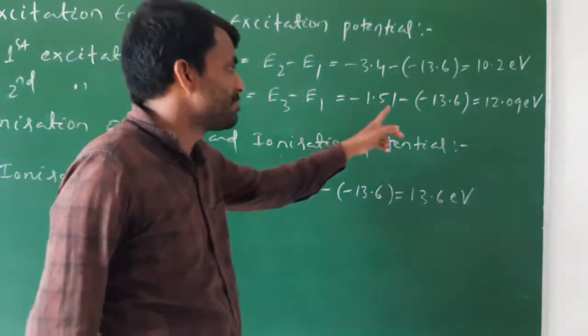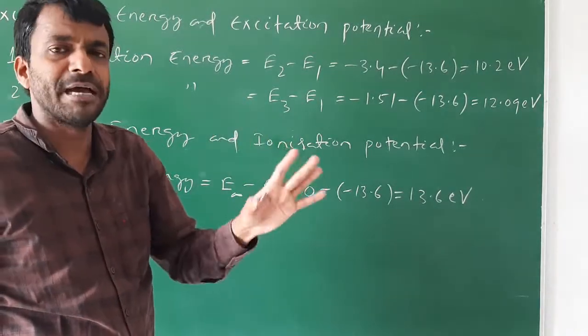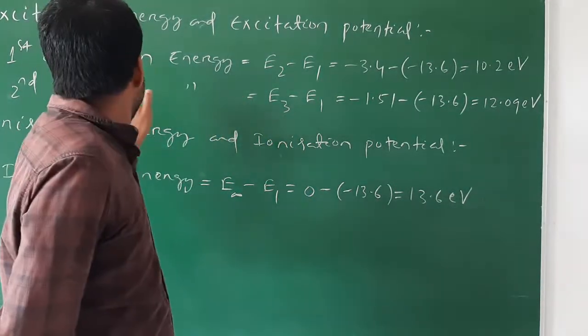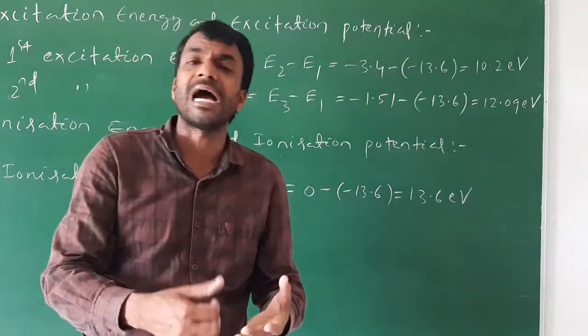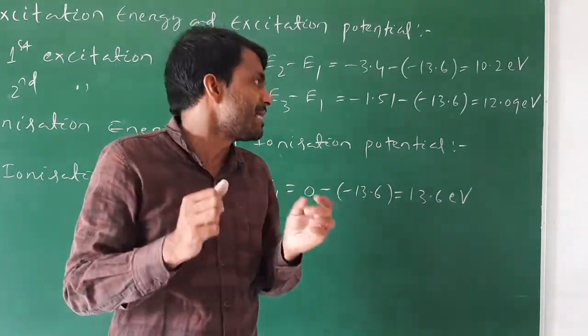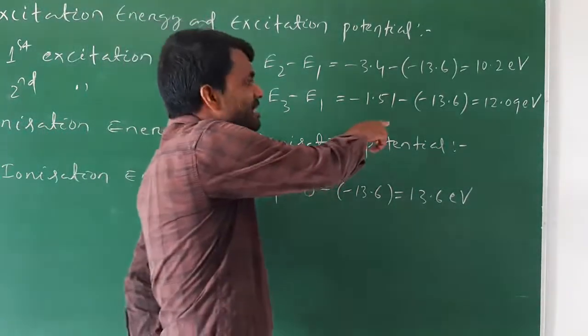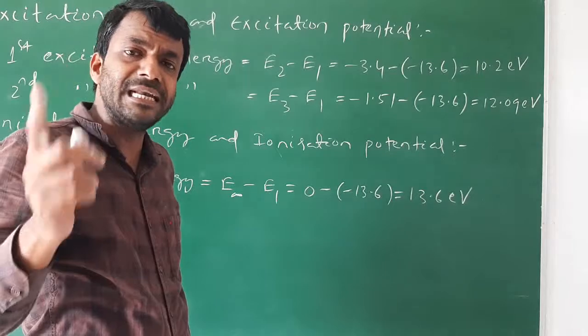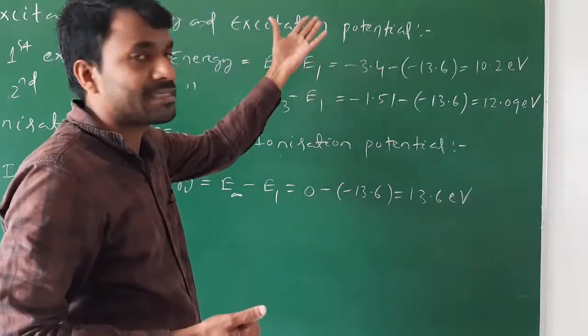That is 13.6 minus 0.85, the value is 12.75 electron volt. It's the third excitation energy. And what is the value of the third excitation potential? That is how much value? That is 13.6 minus 0.85. That is in electron volt. The volt is only that is the potential difference or excitation potential.